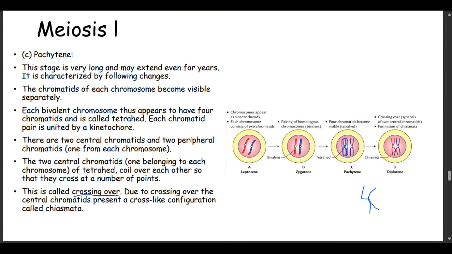That's the reason why siblings are not entirely identical, even twins, just because of that genetic variability. Except identical twins, which come from the same zygote dividing. But fraternal twins, as long as you're siblings, are going to have a different genetic makeup simply because of this process known as crossing over. There is exchange of genetic material happening.